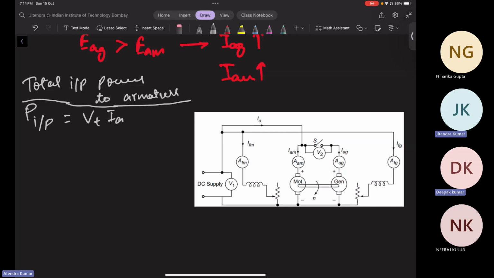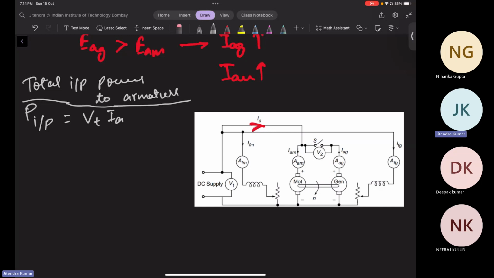This Vt into Ia. How that component is distributed, that is what we are more interested in.